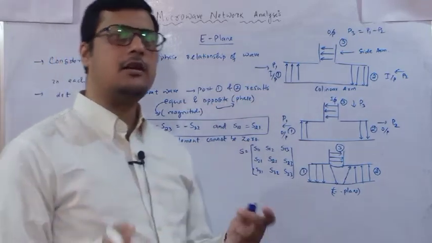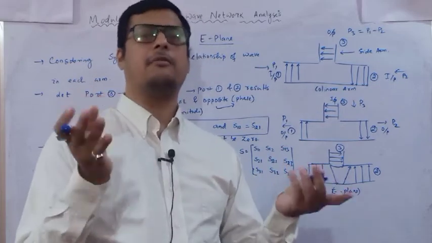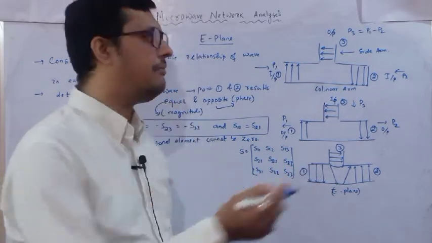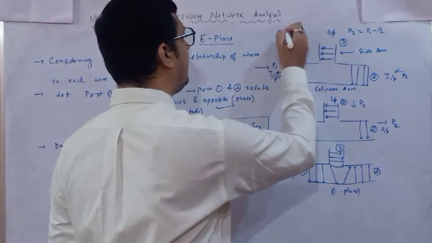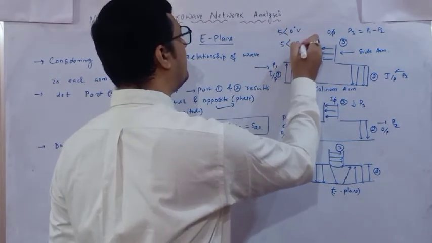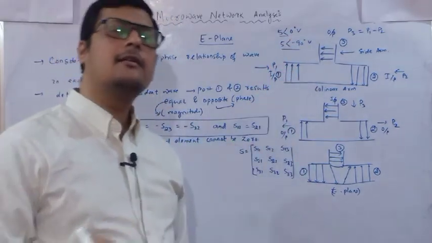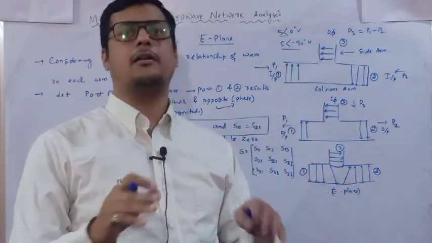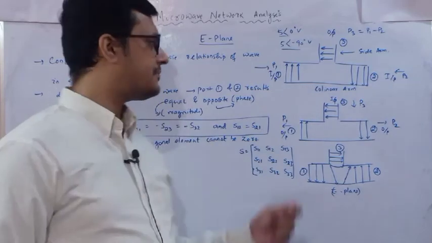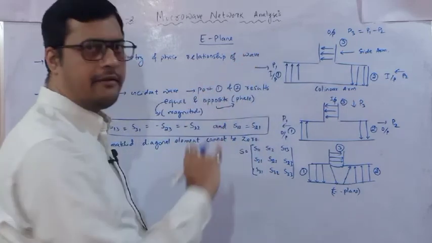Equal in magnitude and opposite in phase means the magnitude is the same but the phase is 90 degrees apart. If one value is 5 angle 0 volt, then the other will be 5 angle minus 90 degree volt. So this is equal potential but out of phase. This is only for understanding.